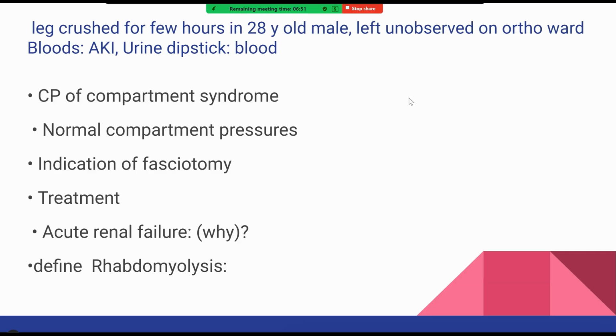Okay. So can you tell me the reasons for the patient developing acute renal failure in this patient? Okay, this patient can develop acute renal failure because of toxicity of myoglobin. This compartment syndrome will give rise to release of myoglobin.